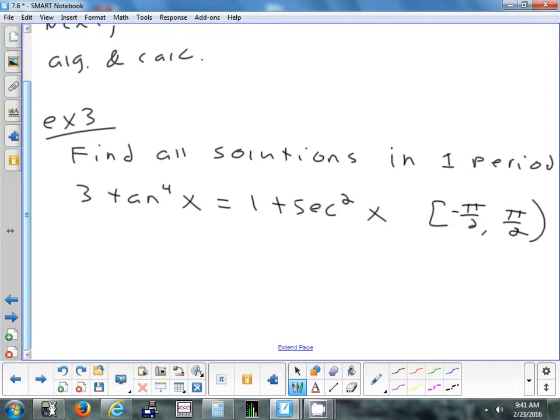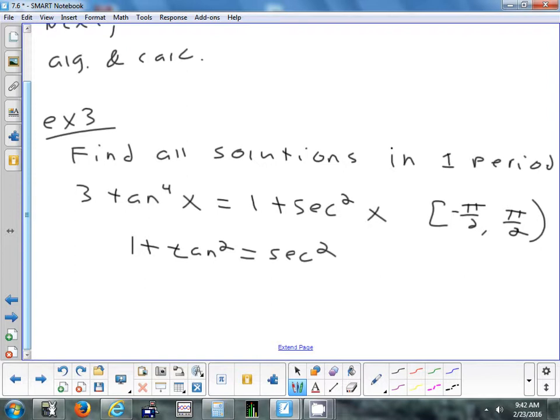3 tangent to the fourth x equals 1 plus secant squared. I'll give you a hint. That's another identity we learned, same time we learned sine squared plus cosine squared equals 1. So what do you think I'm going to replace here? Well, I've got to have all the same trig function.